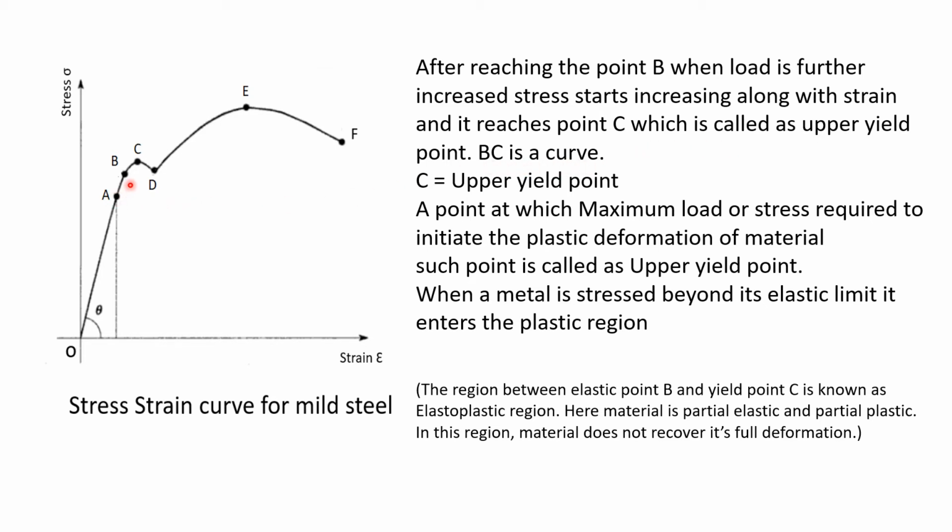We can see here, if we increase the load further, then the stress increases and strain also increases up to point C. C is called the upper yield point, a point at which maximum load or stress is required to initiate the plastic deformation of a material. Such a point is called the upper yield point. When a metal is stressed beyond its elastic limit, it enters the plastic region.